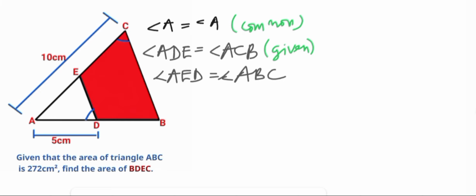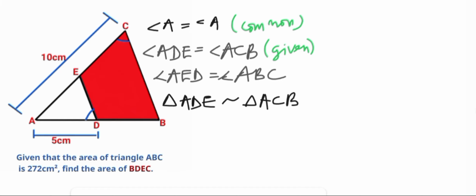We call that AA. Therefore, we can conclude that triangle ADE is similar to triangle ACB. And if they are similar, then the ratio of their corresponding sides should be constant.